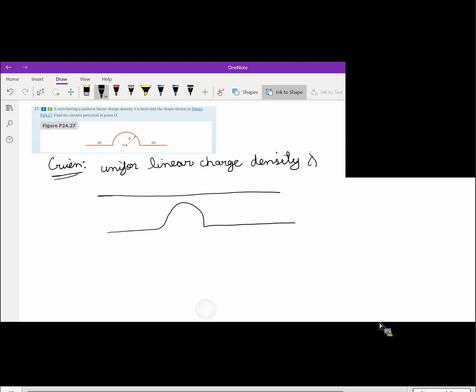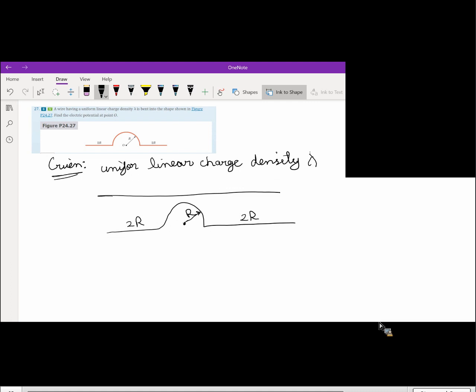I don't know why they did that, but they made our life difficult. They wanted us to solve this question instead of a linear length. But we are smart, we can tackle it.